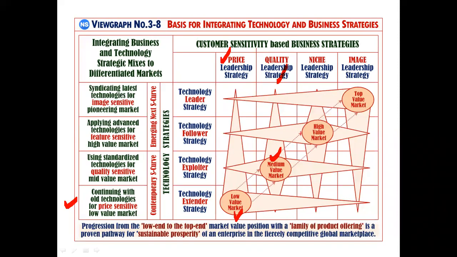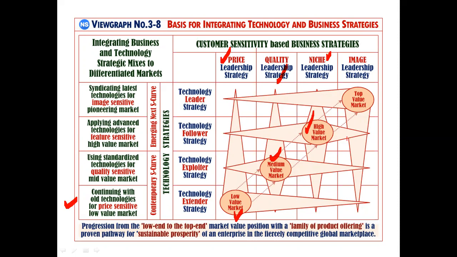But nowadays, we also find that business people use something called niche leadership because customers like some special features in the product. And SUV is a special feature which is liked by customers. And Toyota produces RAV4, which people buy, and it costs in the US about $25,000. 15,000, 20,000, 25,000.